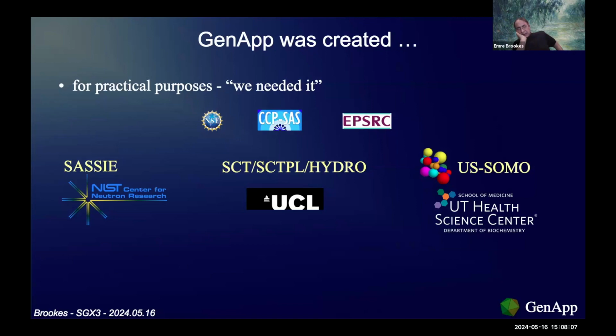It created the CCP SAS, the Collaborative Computational Project for Small Angle Scattering. As part of this, we had a diversity of codes to do analysis and simulation in that field.